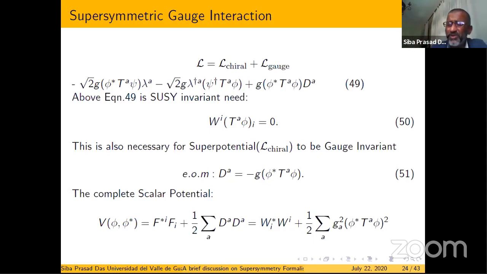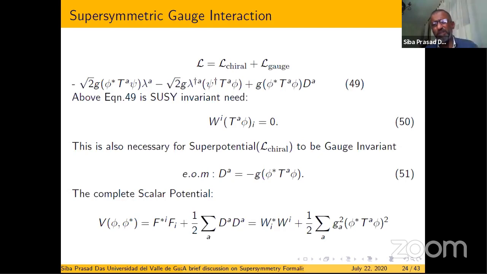So the second line of equation 49 is important. I have an L chiral, I have an L gauge. The second line gives me the only possible interactions that I can allow supersymmetrically with the chiral field and the supersymmetry field. So the above equation 49 is SUSY invariant.